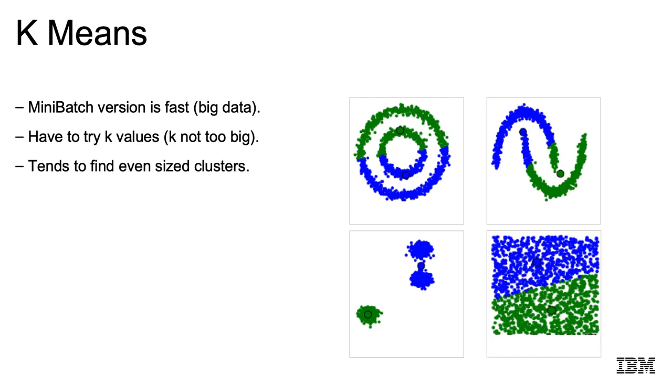It'll generally be a bit more skewed to finding even-sized clusters when we work with k-means. And it's not going to work well with non-spherical cluster shapes, as we'll be looking at distance from the centroid in every single direction as we move towards that mean, and therefore we'll only be able to find more spherical shapes, which is why it doesn't do a great job with these different shapes that we have here.